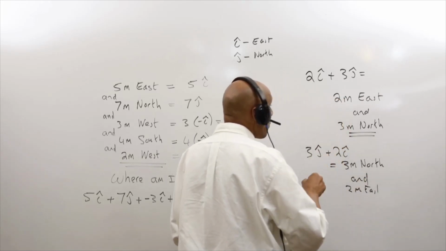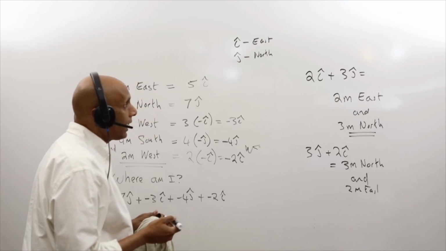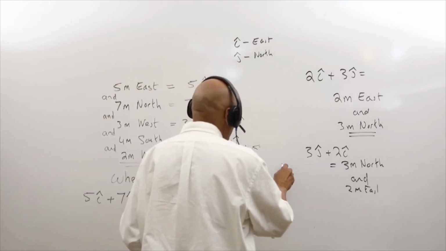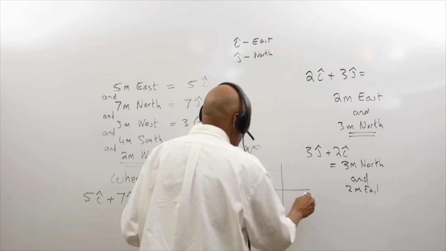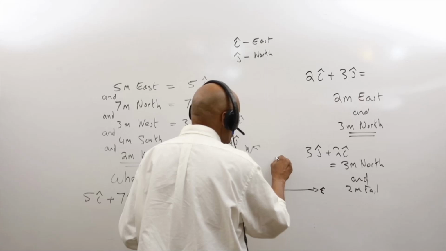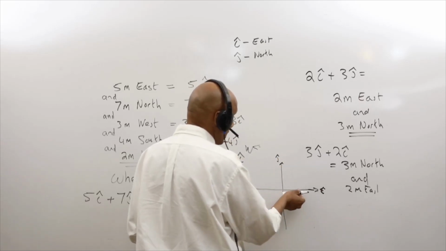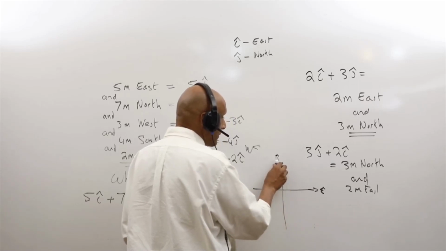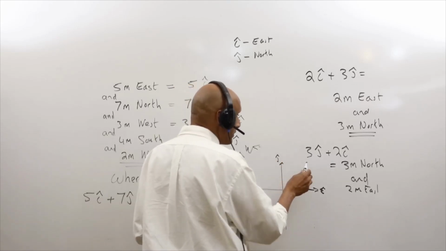Are these two quantities the same? 2i plus 3j. Imagine I drew a graph, and I can mark off the direction. So here is i hat, and here's j hat. They represent directions. i hat is going to be the direction east, and j hat is going to be the direction north. So let's read it off.